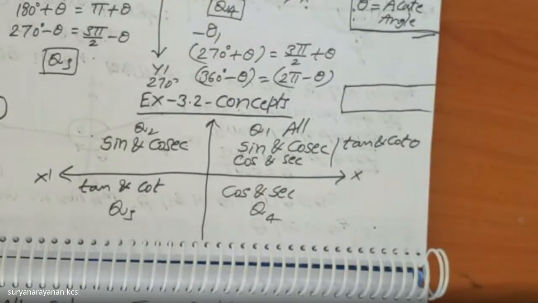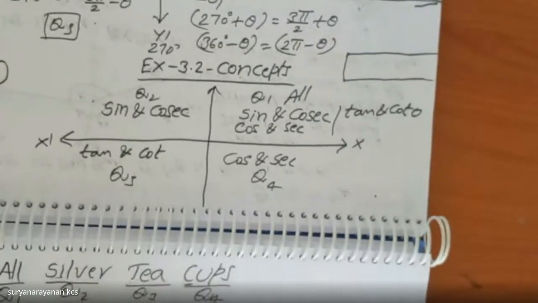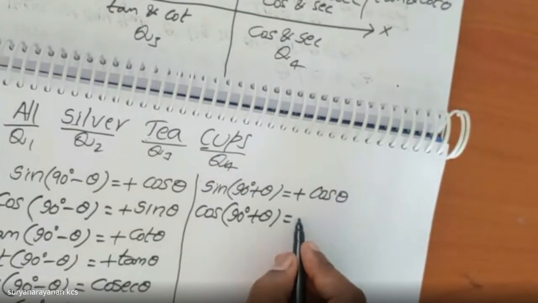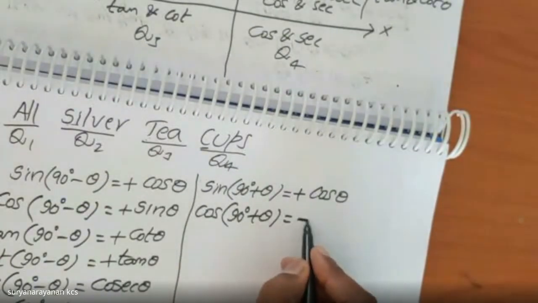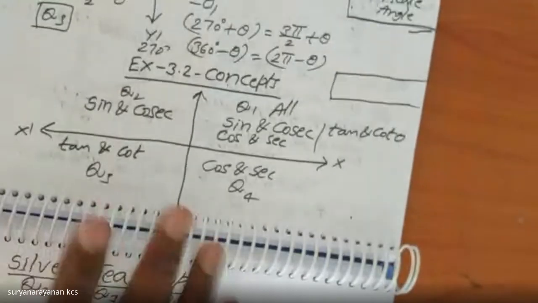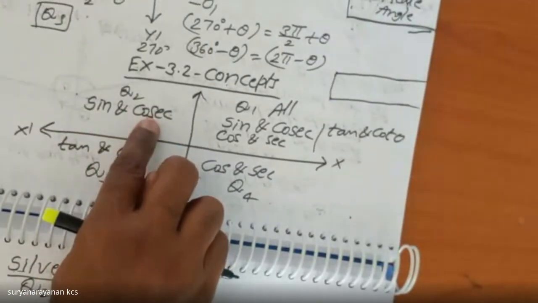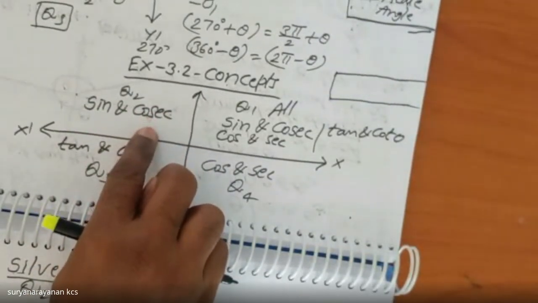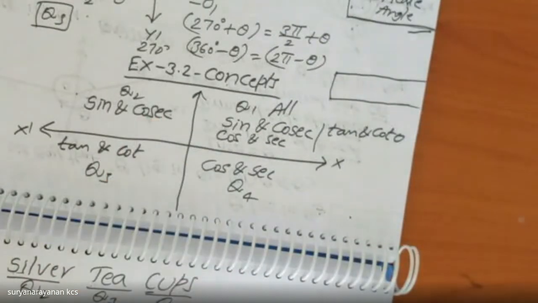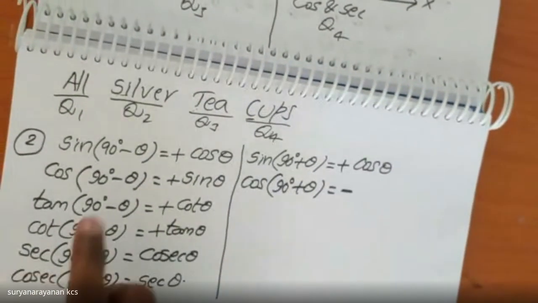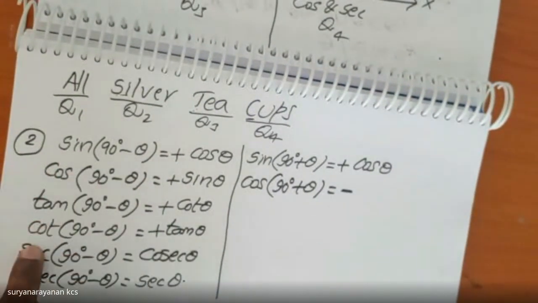Yes, very good, Percy, very good, Nikhil. It is not positive. Cos is not positive, means negative. Previously, I told you only sine and cosecant are positive, and the remaining 4 are negative. There are total 6 trigonometric functions: sine, cos, tan, cot, secant, cosecant.